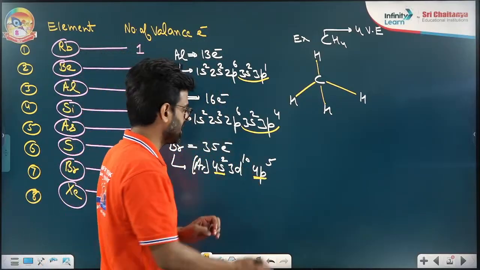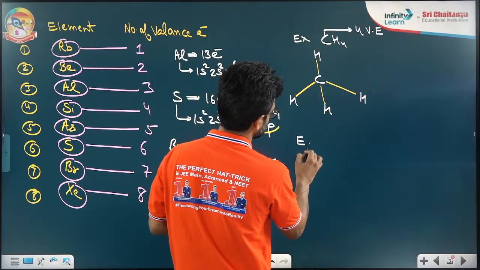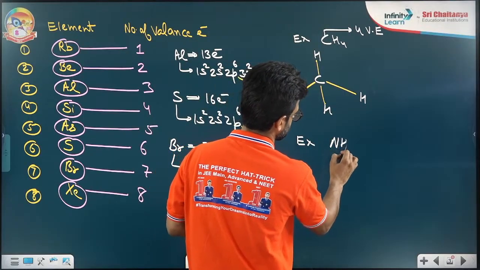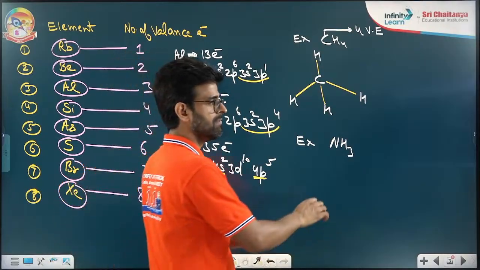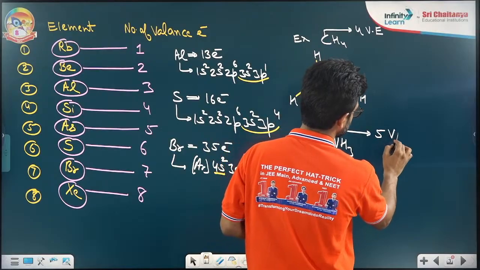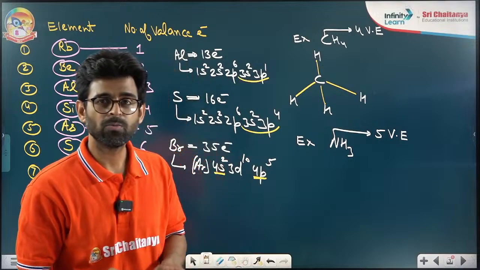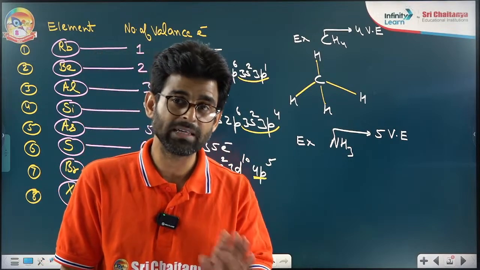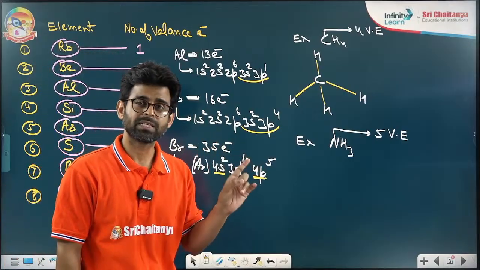Clear? Now similarly, for the next example, I'm talking about ammonia. Now we know the center element is nitrogen. How many valence electrons does nitrogen have? 5 valence electrons, right? I know this because it belongs to the 15th group.